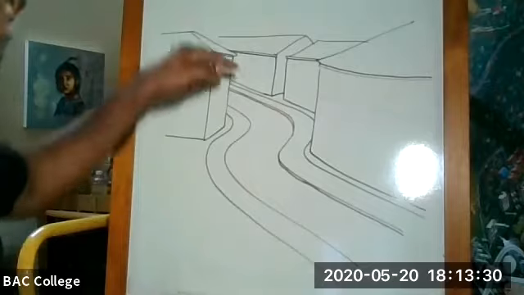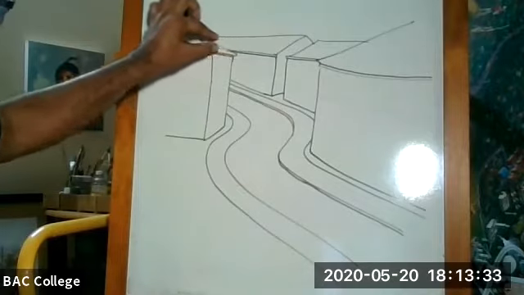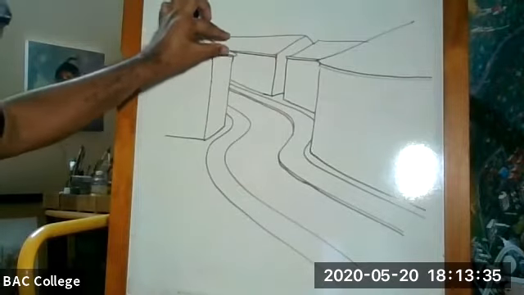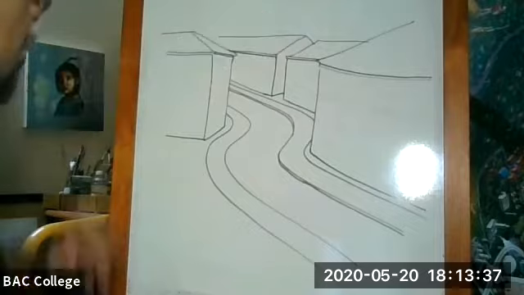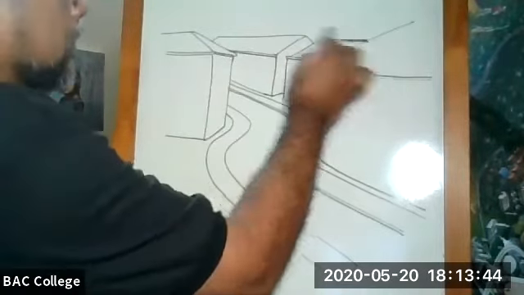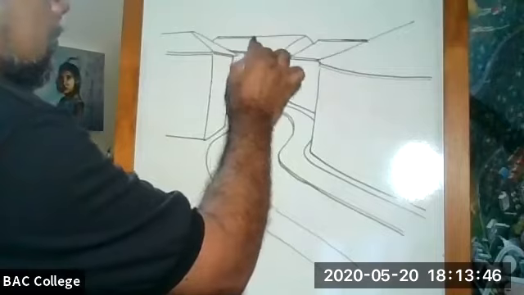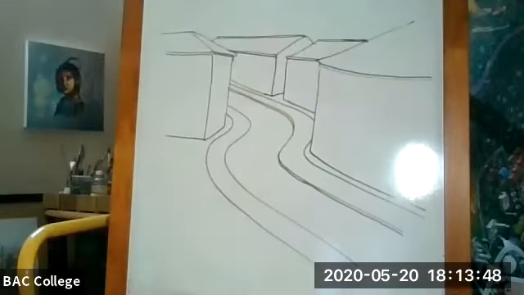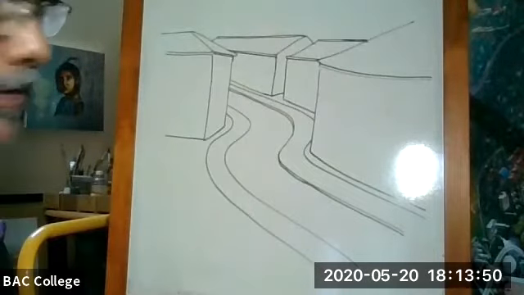Again, can you see? When it's further, it thins out and then it broadens out this way. All right. You can get the roof lining on top just to give more dimensions to it.